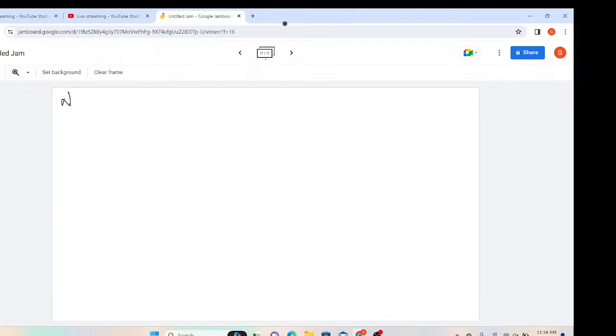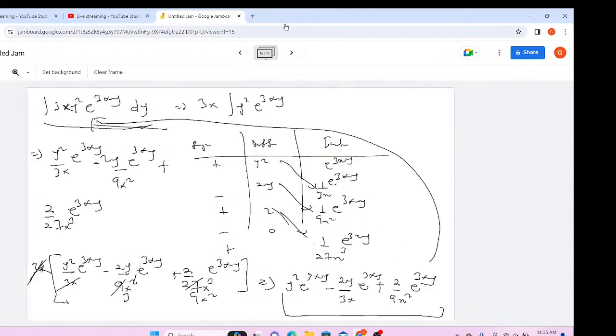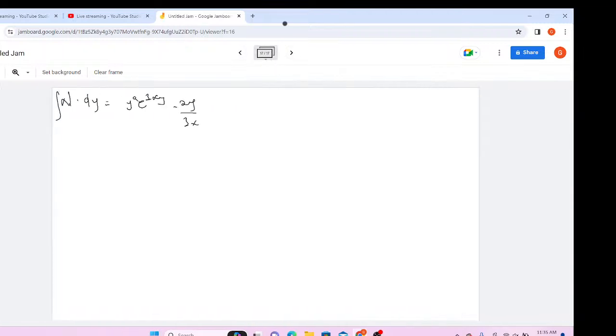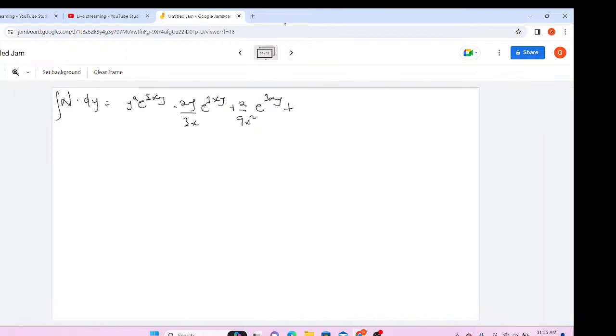N was completed, so integrating N with respect to y gives us a complex equation: y squared exponential 3xy minus 2y over 3x exponential 3xy plus 2 over 9x squared exponential 3xy, plus the other part.